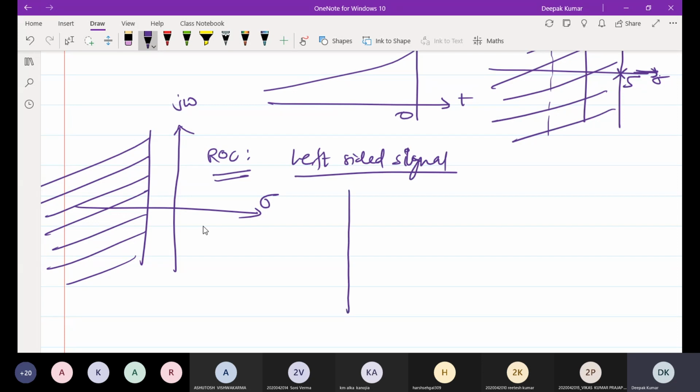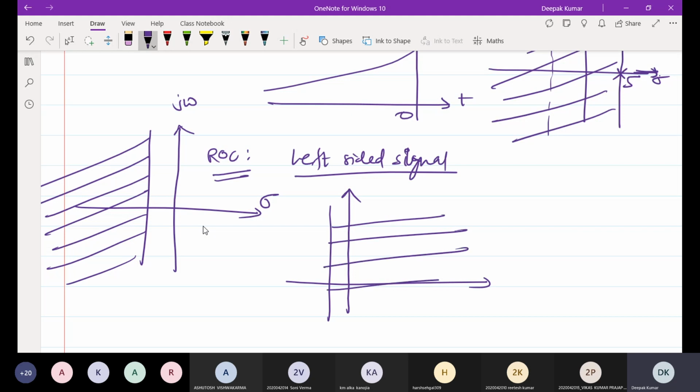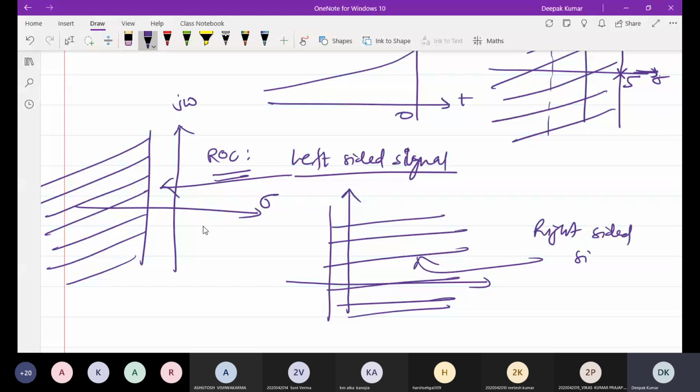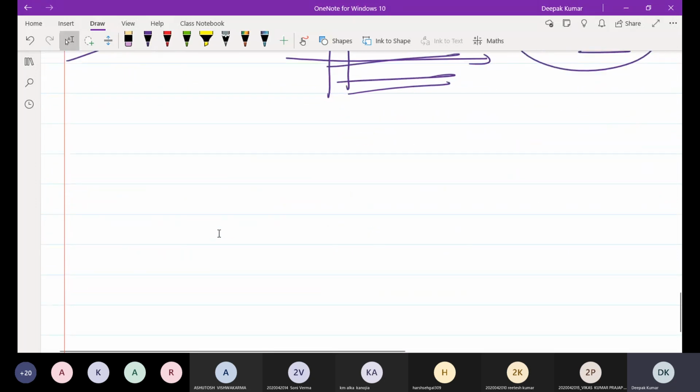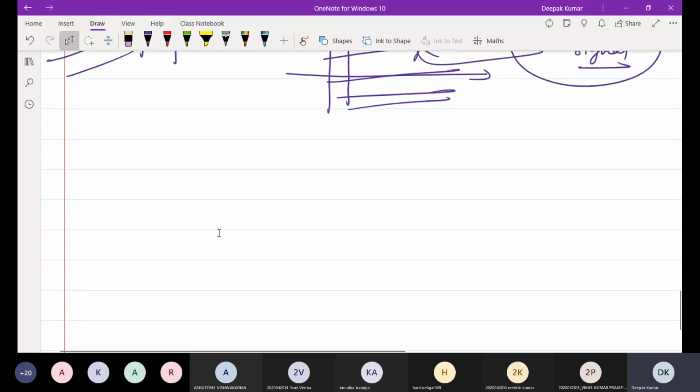Anywhere if you see the region of convergence is like this, you can say this is a right-sided signal. So this type of property you should be clear about.